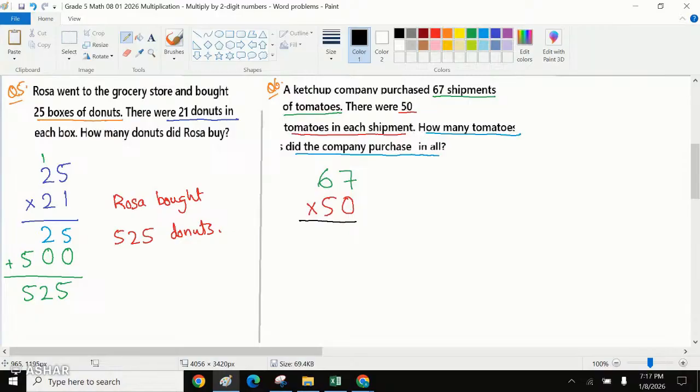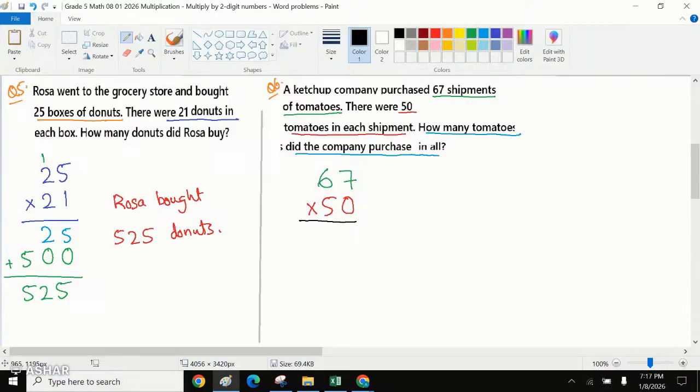Okay, I'll go slow. When they say they had 67 shipments, let's suppose they bought 67 boxes of tomatoes, right? A shipment can be one box, right? 67 boxes of tomatoes. Each box has 50 tomatoes in it, right? So let's suppose we buy one box of tomatoes.